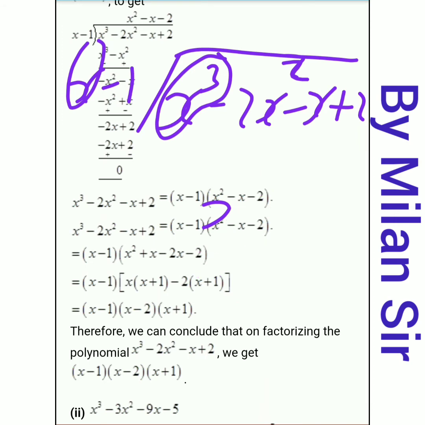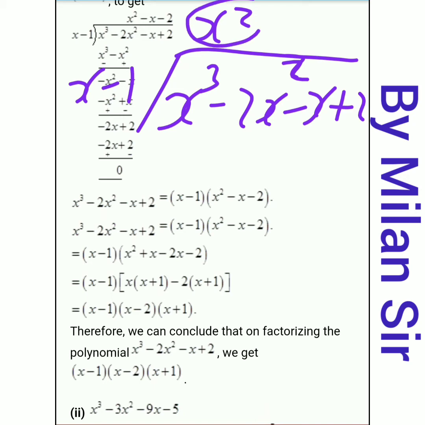Why do we do that? Because we just try to go closer to the first term. Here I am writing x square. Now I need to multiply this x square with x minus 1.